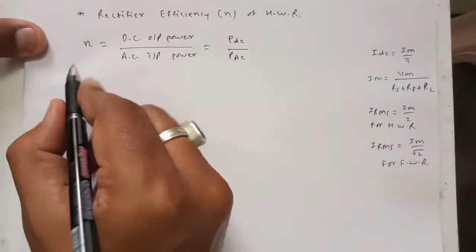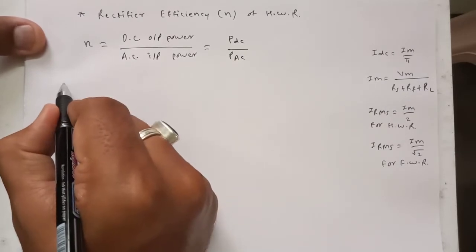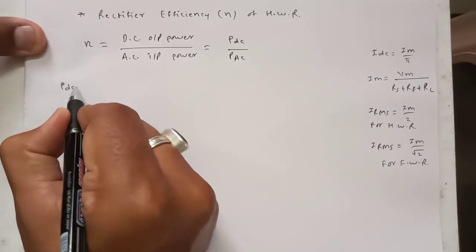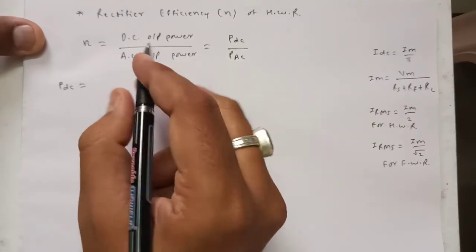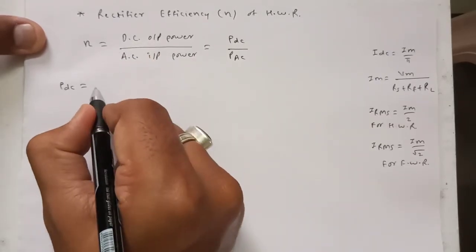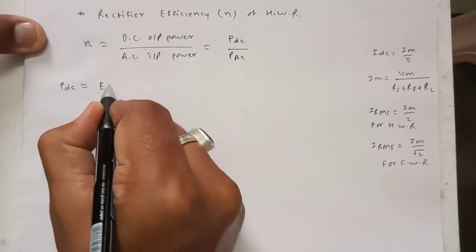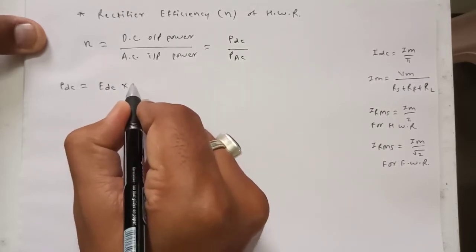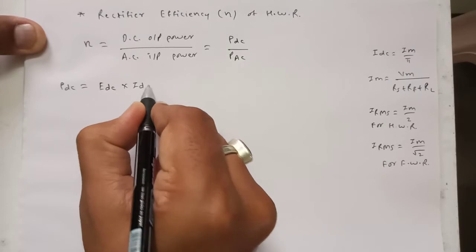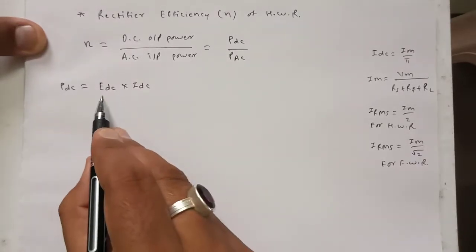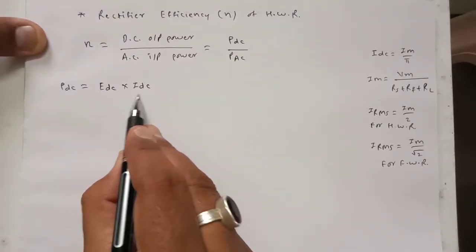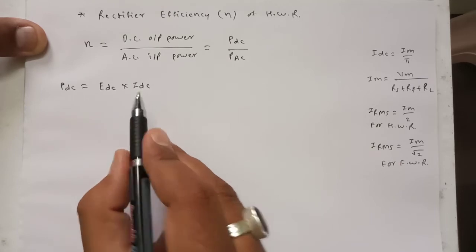So firstly, let us go for the PDC, that is nothing but the output power available in case of the rectifier. We know that power is nothing but voltage into current. So let us write this equation, that power is the multiplication of DC voltage and DC current.